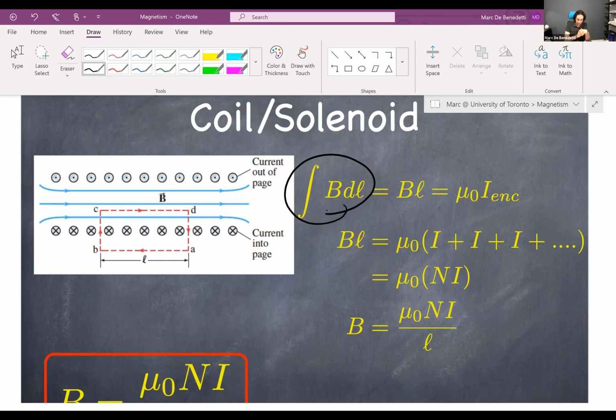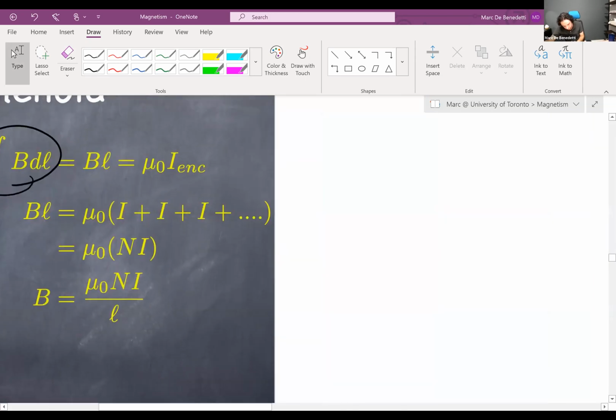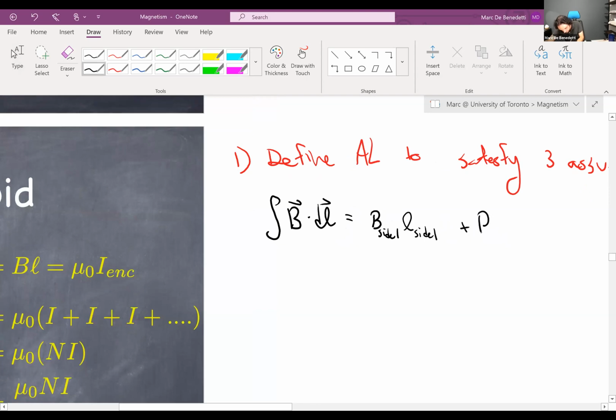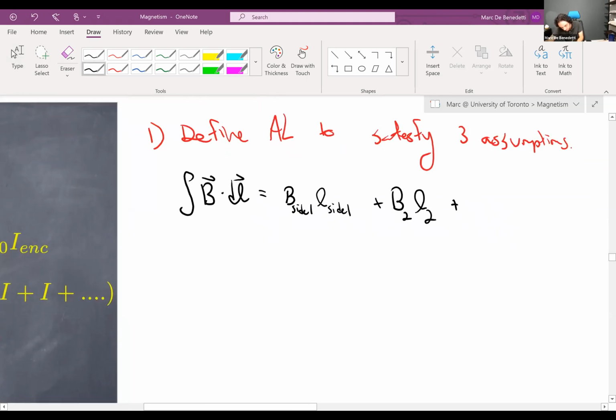It's a one-dimensional thing. So what we're saying here is that the integral of B dot dl is actually going to be B for side 1, the length of side 1, plus B for side 2, length of side 2, plus B side 3, length 3, plus B side 4, length 4.